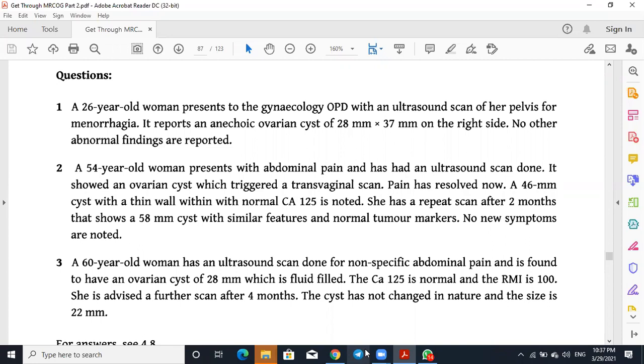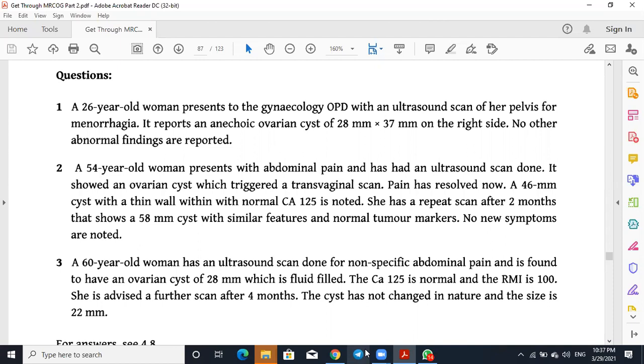She has a repeat scan after 2 months that shows a 58 millimeter cyst with similar features and normal tumor markers. No new symptoms are noted. So this 54-year-old, okay, go.